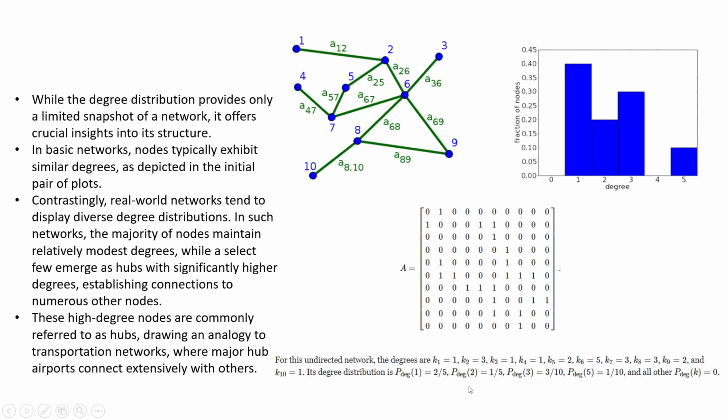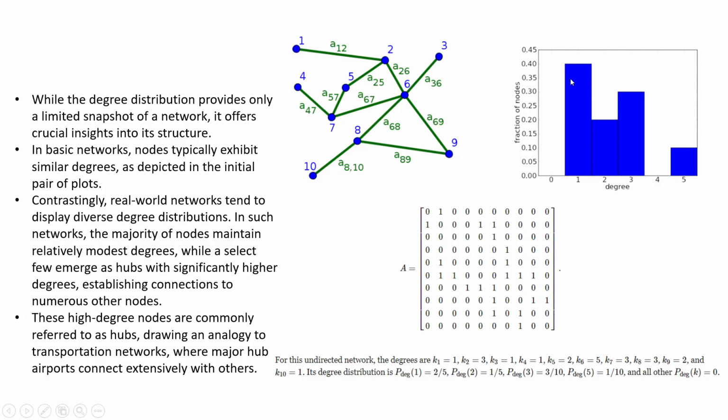So you have to calculate all the degrees, and you divide it by the total number of nodes. You have 10 nodes. That gives you a probabilistic value and a distribution like this.